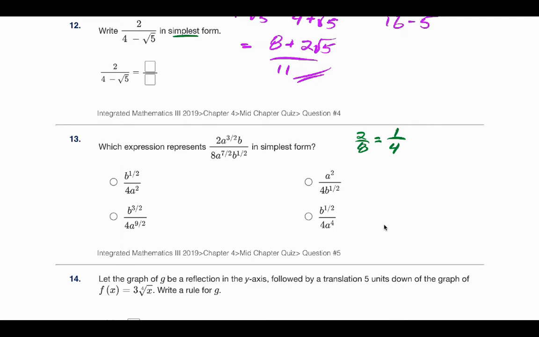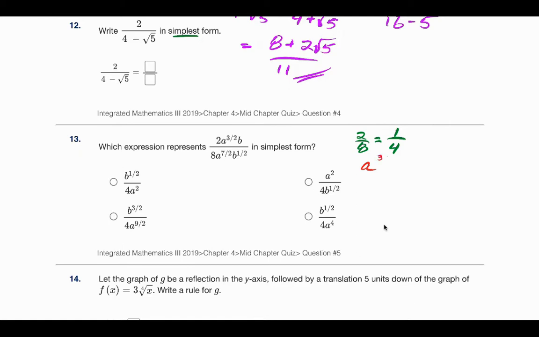So remember, when the bases are the same, like my a's here, and I'm dividing, I'm going to subtract the exponents.